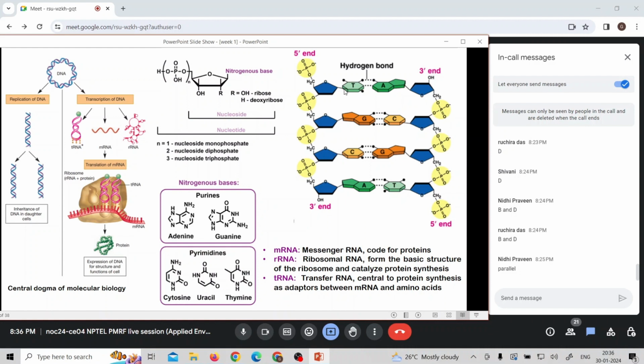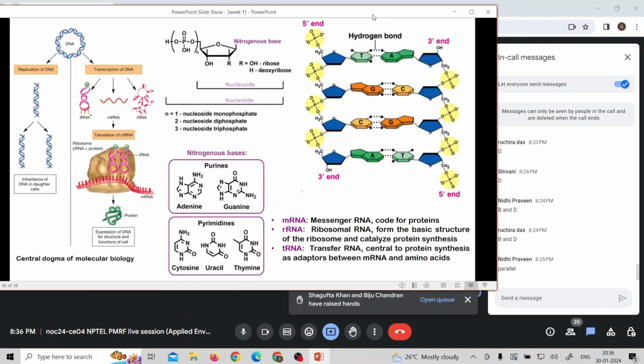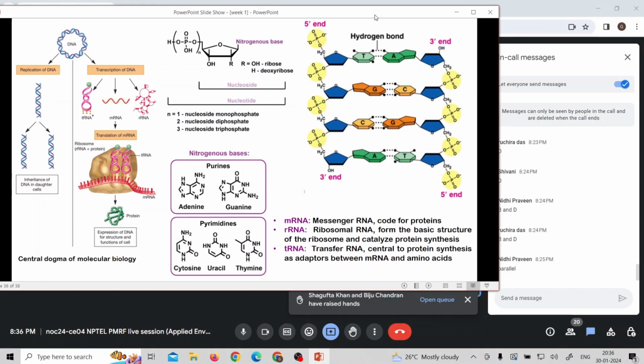I hope the bonds in the DNA and about the purines and pyrimidines is clear. I'll just wait for one more minute. I'll just pause for a minute so that if you have any doubts or if you want me to explain again, you can just let me know. If any of you do not want to post in the chat box, or if you want me to repeat, you can even react.